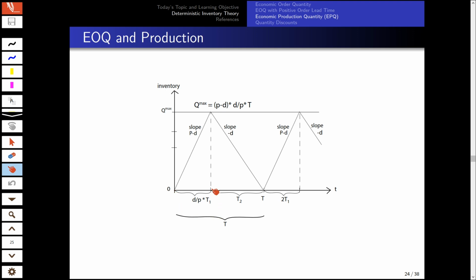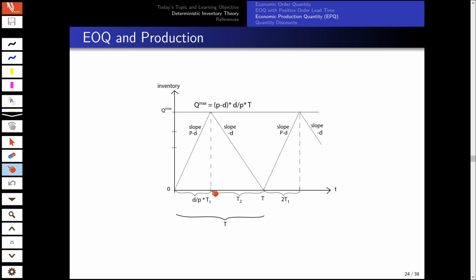And now you will see in the graphic that if we abstract from a finite production rate, then we would begin with a reorder, where we order Q units of a product, and then it depletes with our demand rate until it hits zero inventory. And that is our cycle that we have regarded so far. So this triangle is what we have calculated with a normal EOQ formula.